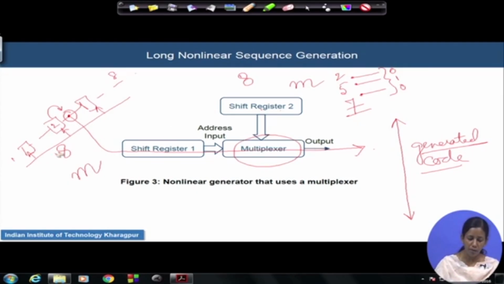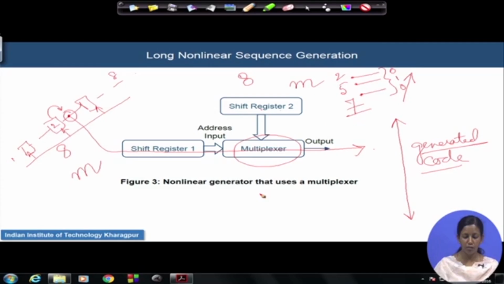Or for each and every clock pulse that is coming, you keep on changing the address, you make the address variable, and then you shift the point from where the output should be picked up, and that can also be a code. Whatever be the architecture required for the kind of secrecy, you can design it accordingly.